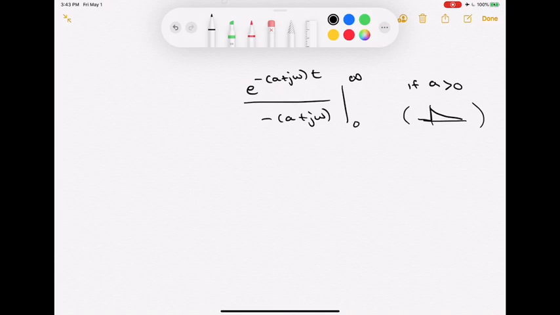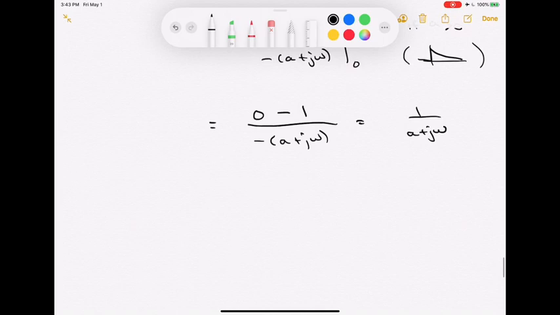It's going to go to 0. So that time we would get a 0 minus, and then we're going to go to the lower limit. E to the 0 times anything is just 1, so I'm going to get a minus 1 over minus a plus j omega. And if I clean that all up, I get 1 over a plus j omega.